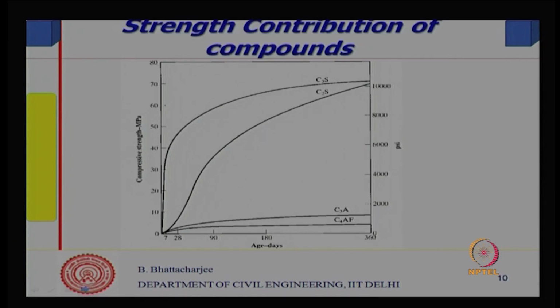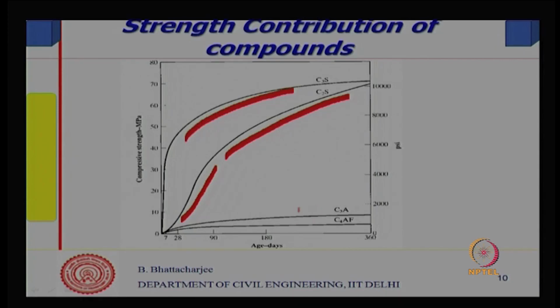First it is the ettringite reaction, followed by formation of C-S-H after about 6 hours or so, and then calcium hydroxide also comes out. In this case C3S reacts earlier and C2S reacts late. Therefore, in strength development, C3S is responsible for early strength, while C2S initially does not contribute; its rate of strength development is not much, right.